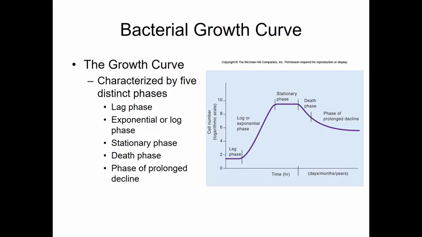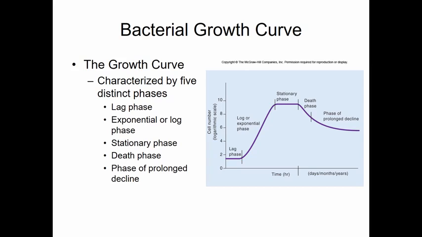So anytime cells are growing in a fixed scenario, they are going to undergo a very specific growth curve. When you put them into a new environment, when you allow them to grow, when you don't add any new nutrients, this is the growth curve that they are going to follow. Okay? You've got 5 main phases.